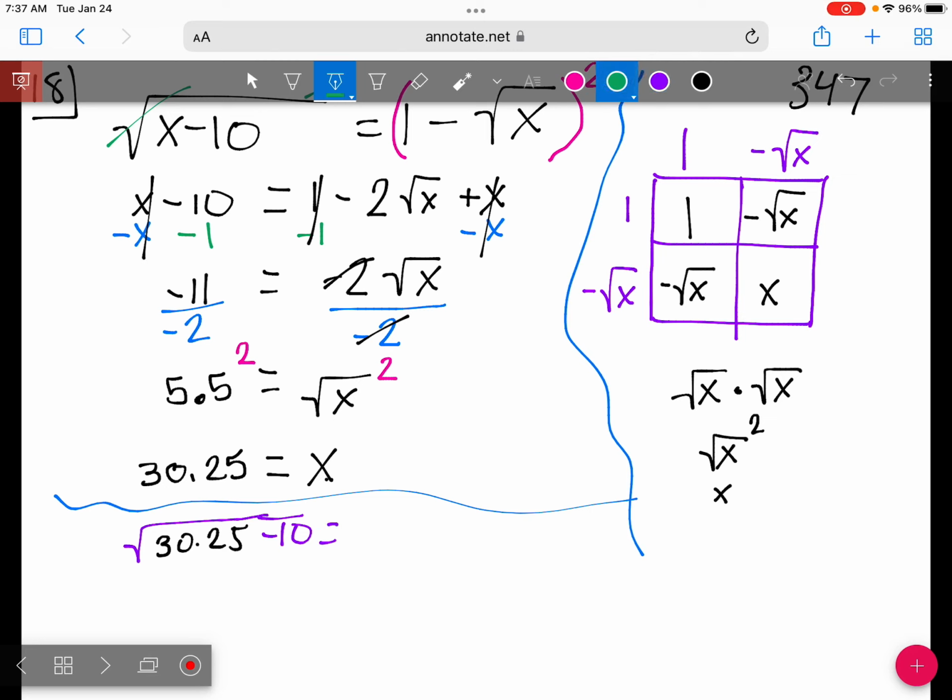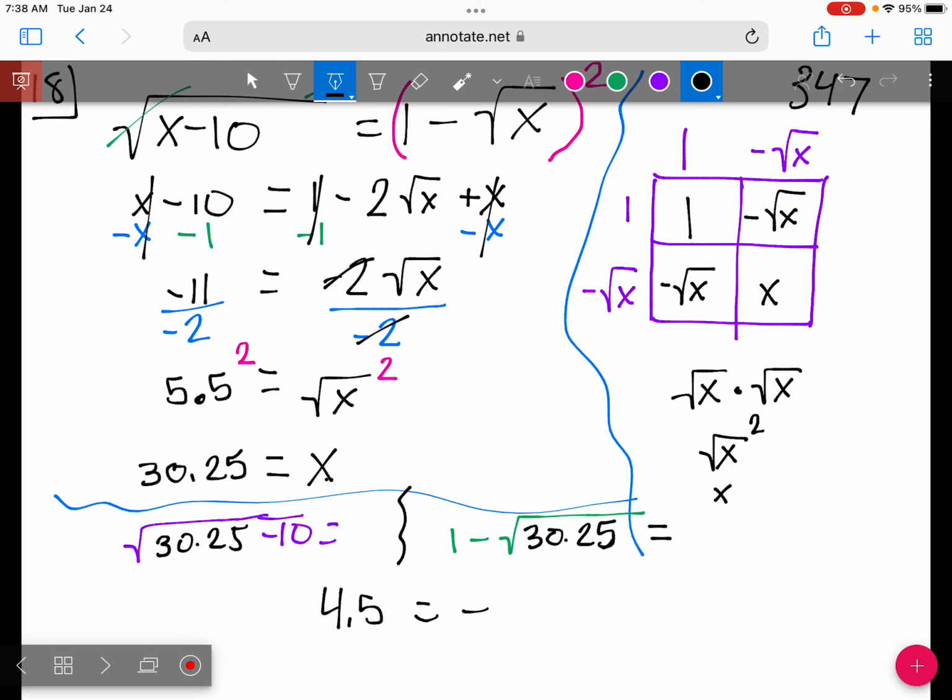And we're going to see what 1 minus the square root of 30.25 is. So we're going to type both of those in the calculator. Square root of 30.25 minus 10 gives us 4.5 for the purple one. And I want to know if that equals 1 minus the square root of 30.25.